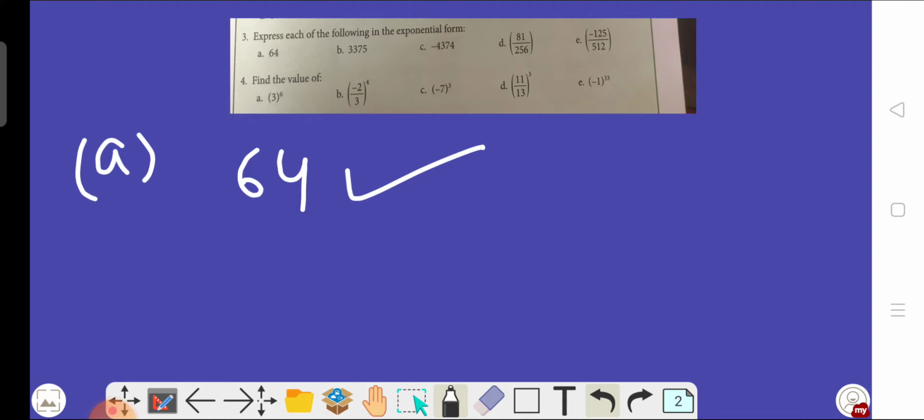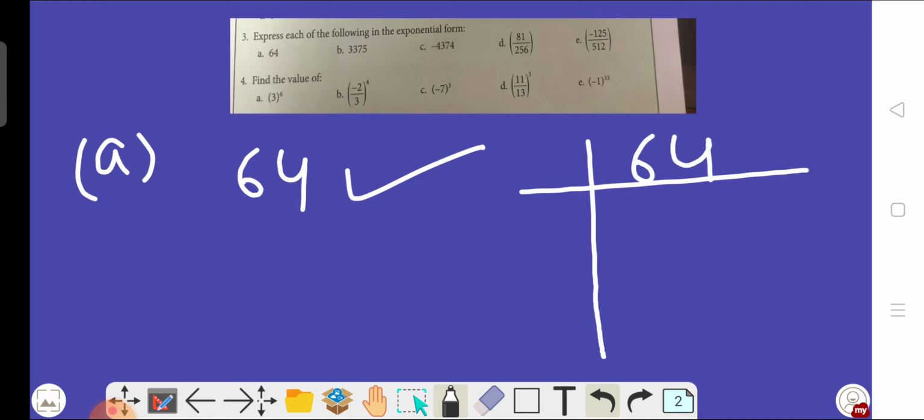To express the given number in exponential form, firstly we factorize the number. The least positive number by which we can divide 64 is 2. This will become 32. Again if we divide, this will become 16.